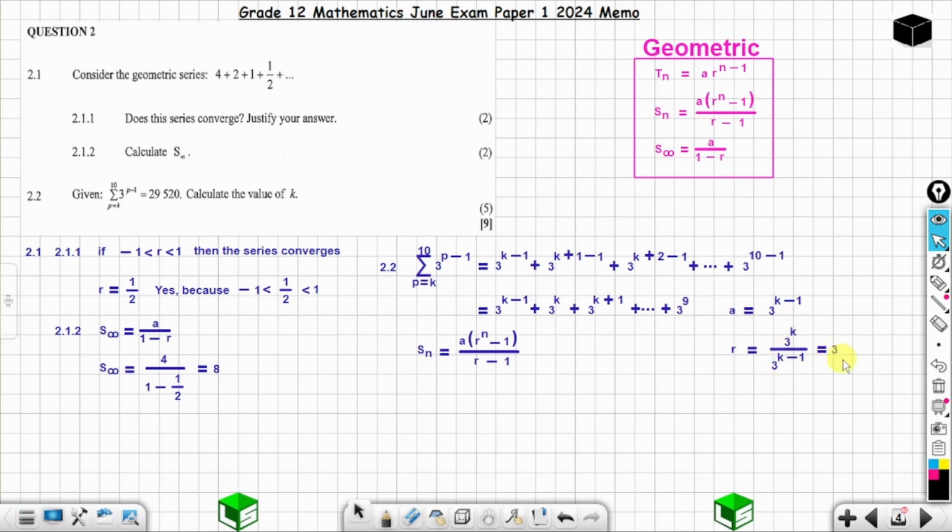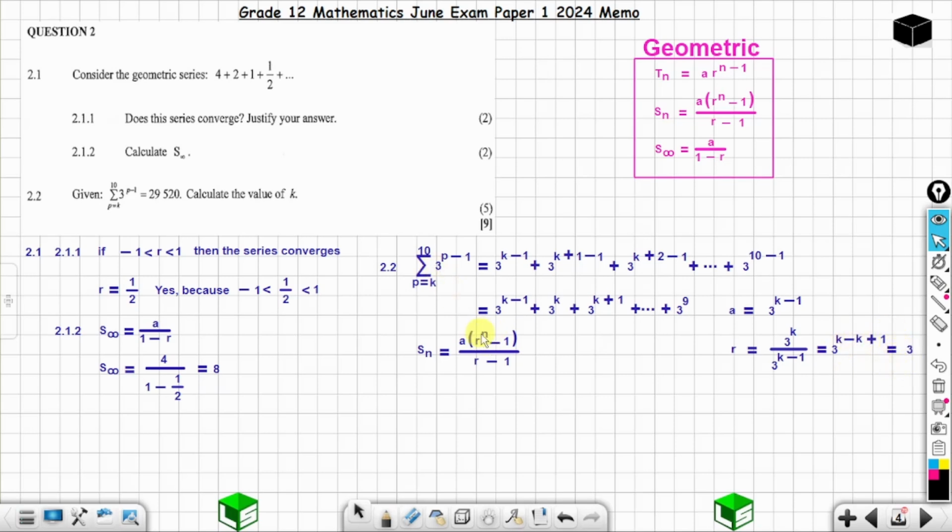So 3 to the power of, you are going to subtract your exponent. You have k minus k plus 1. The negative is going to affect everything. So you have this exponent minus this exponent. So this is equal to k minus k, 0. You only have 3 to the power of 1, which is 3.